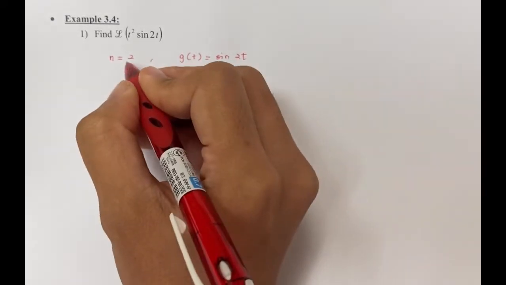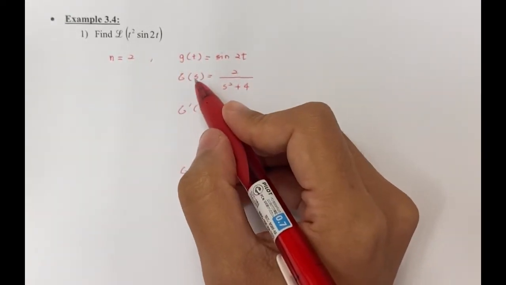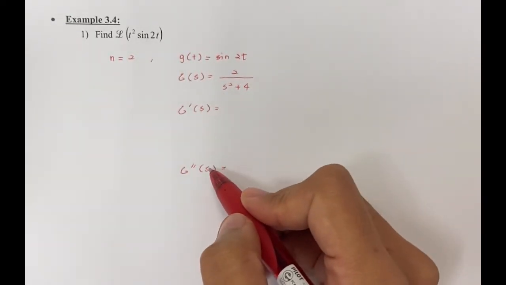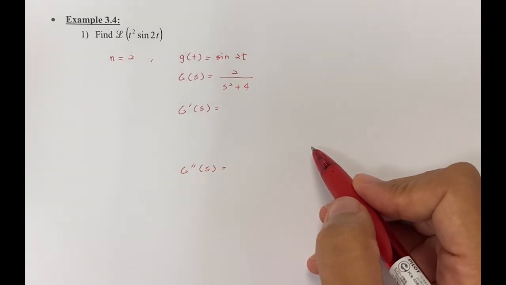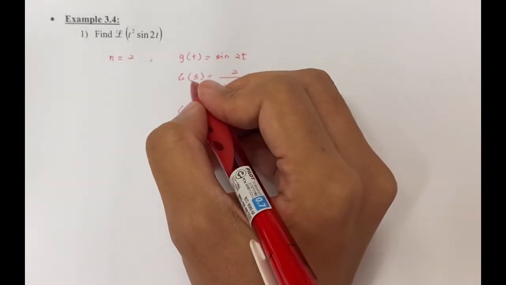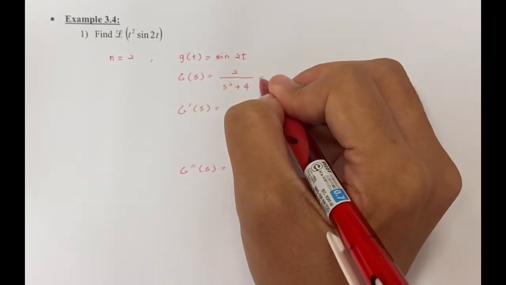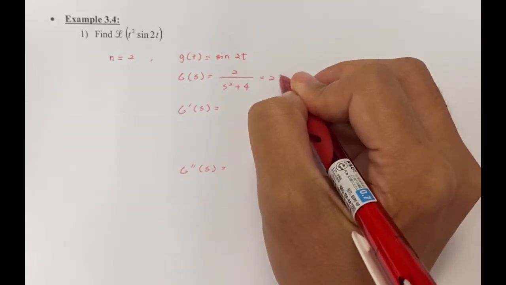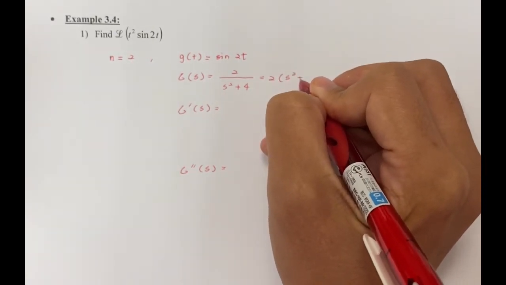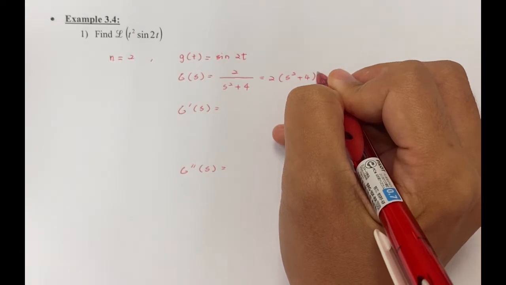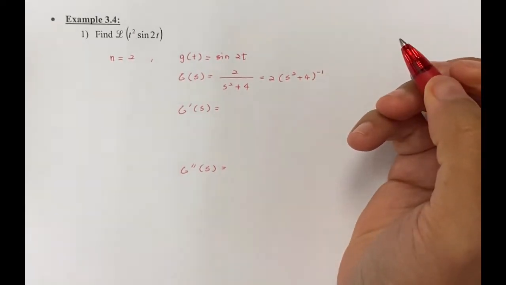If n is equal to 3, you need to find G prime(s), G double prime(s), and G triple prime(s). Okay, so from G(s), this can be written as 2 times (s squared plus 4) to the power of negative 1.